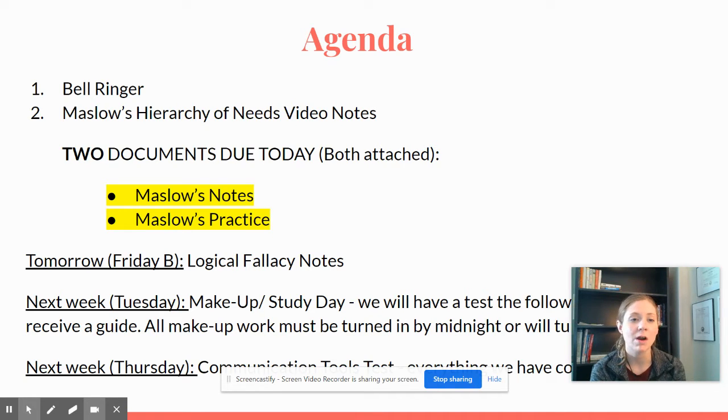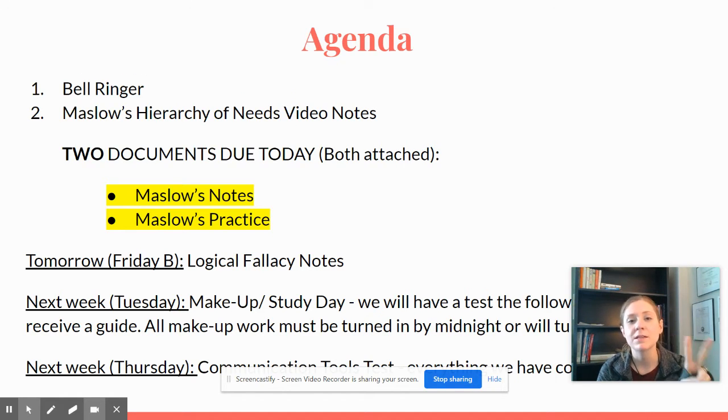So there are two things that you are going to be turning in today, and they are both attached to this assignment. If you finish one, that's 50% credit, and that's not passing. So there are two documents that you want to finish. The first one is Maslow's notes. You're going to be taking notes as you watch a video explaining Maslow's hierarchy of needs.